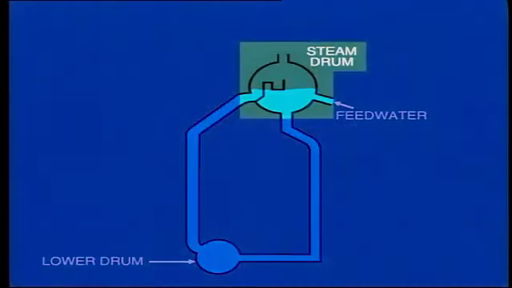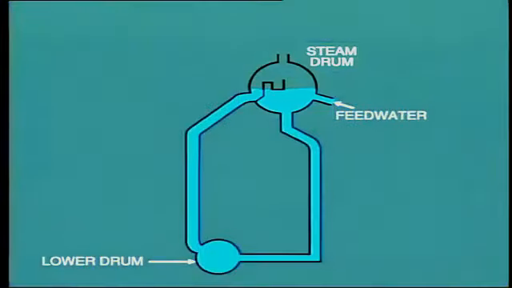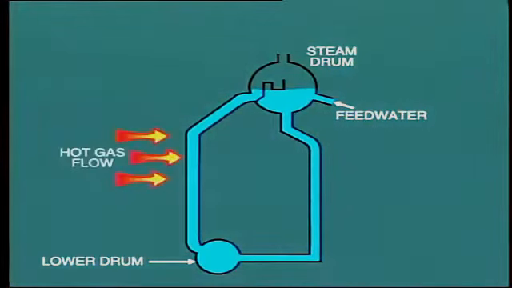The upper drum, often known as the steam drum, contains water at the operating level. During operation, steam fills the space above the water. The boiler tubes and lower drum are also full of water. As hot combustion gas passes over the first row of water tubes, heat is transferred to the water inside the tubes.